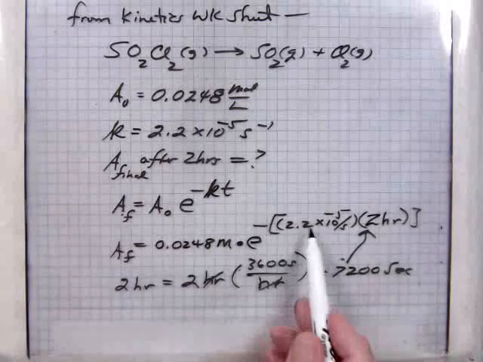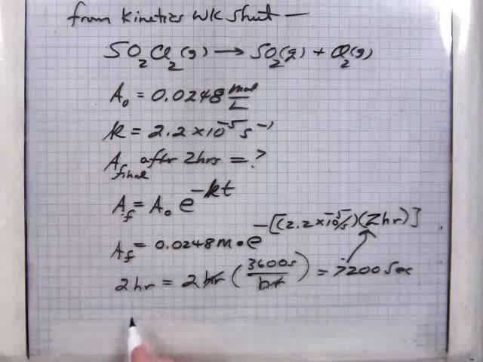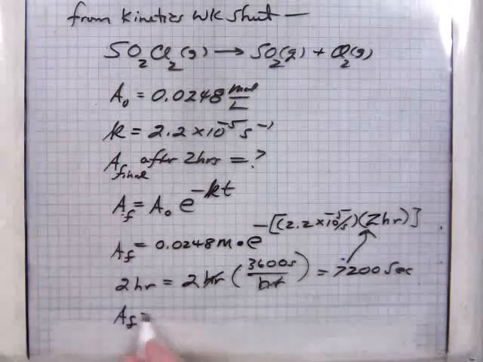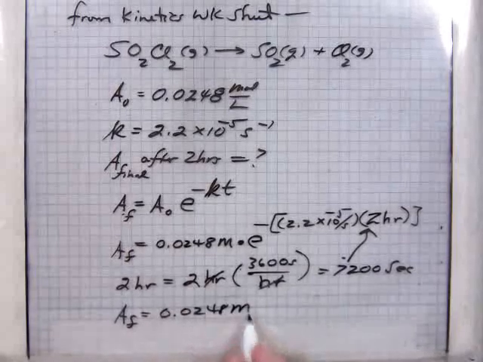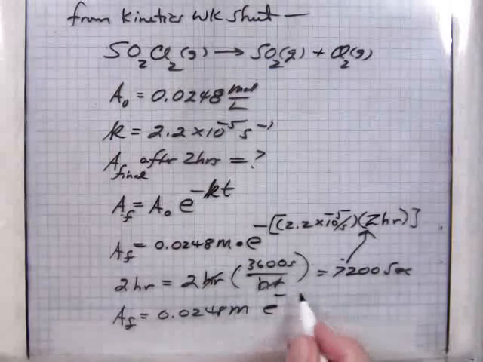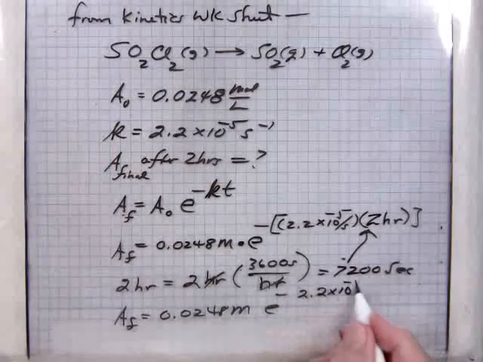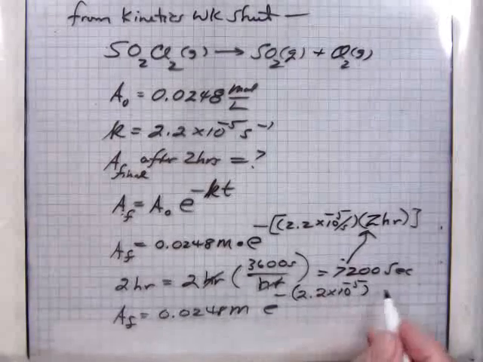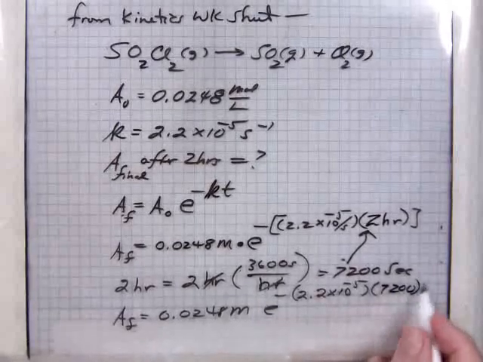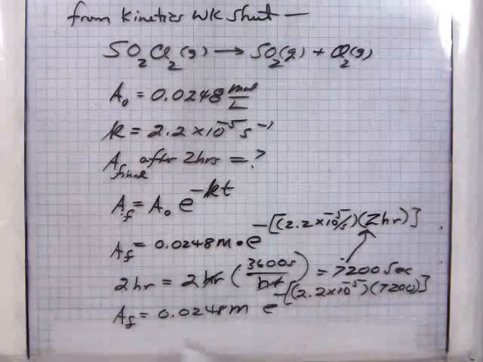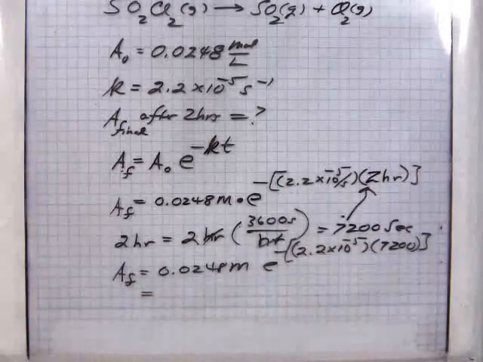I'm not going to change the rate constant per hour, but anyway, the final concentration now is 0.0248 molar, e to the minus 2.2 times 10 to the minus 5, seconds units will drop out, and 7,200.